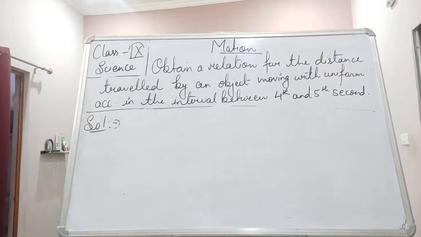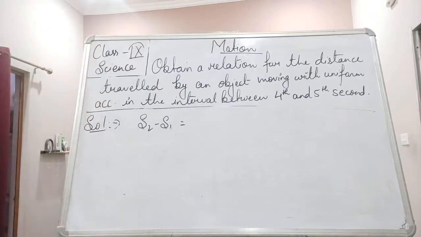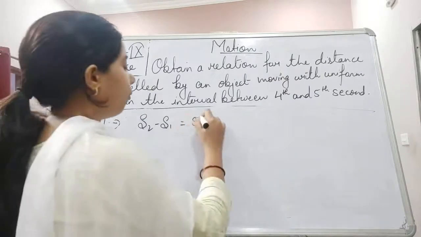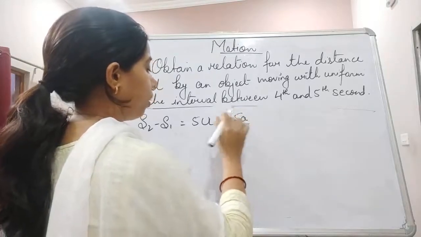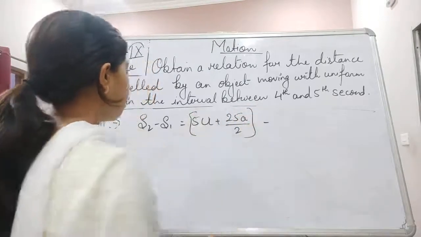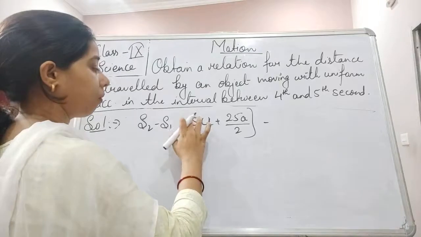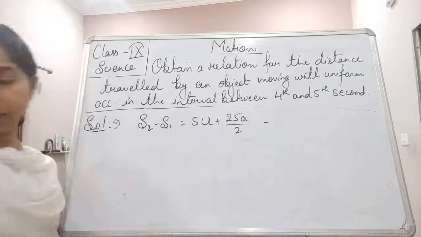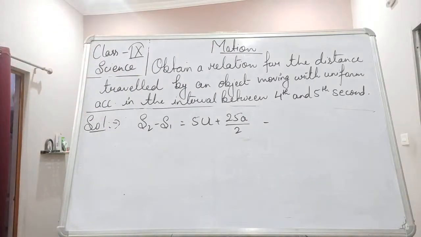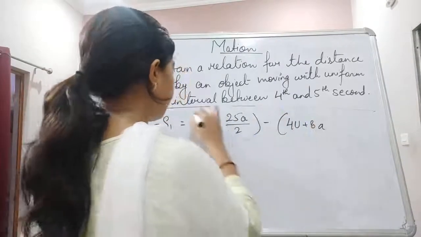S2 is 5u plus 25a upon 2, minus S1, that is 4u plus 8a. It will be like this.